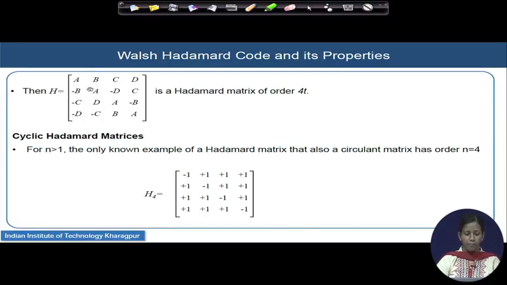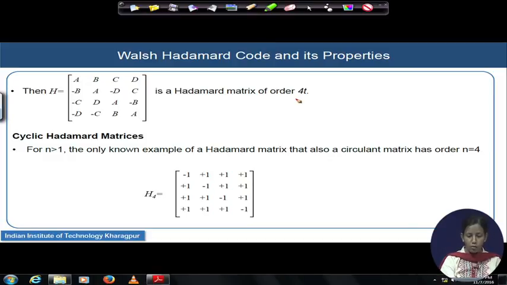This Hadamard matrix, constructed from 4 different circularly symmetric matrices with the typical dimension given in the last slide, will have an order of 4T.